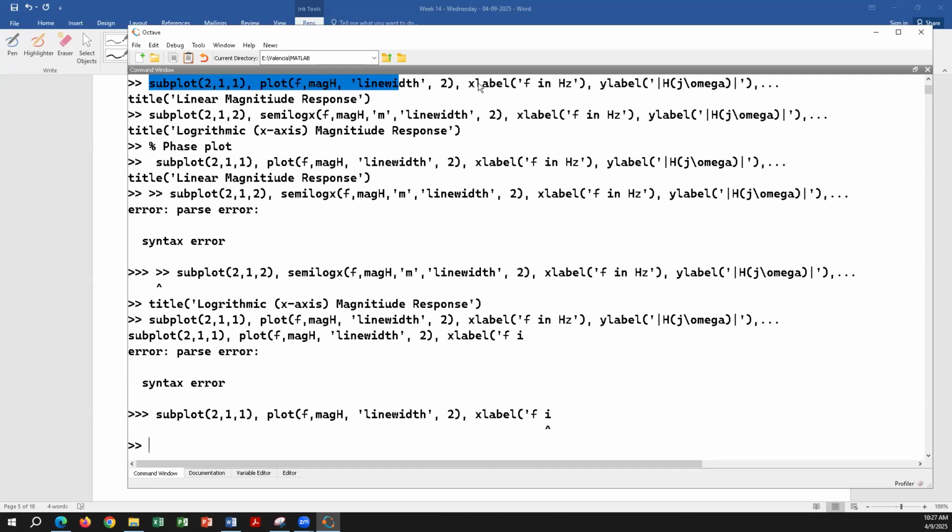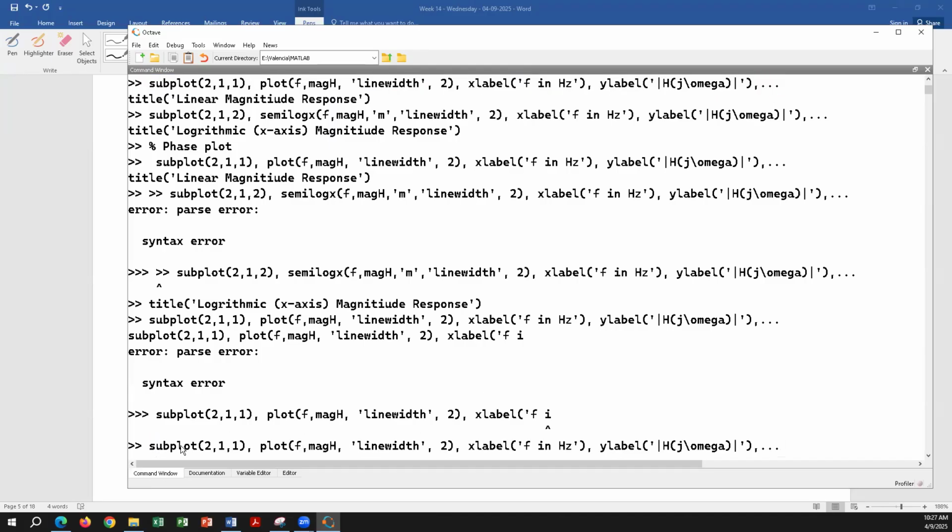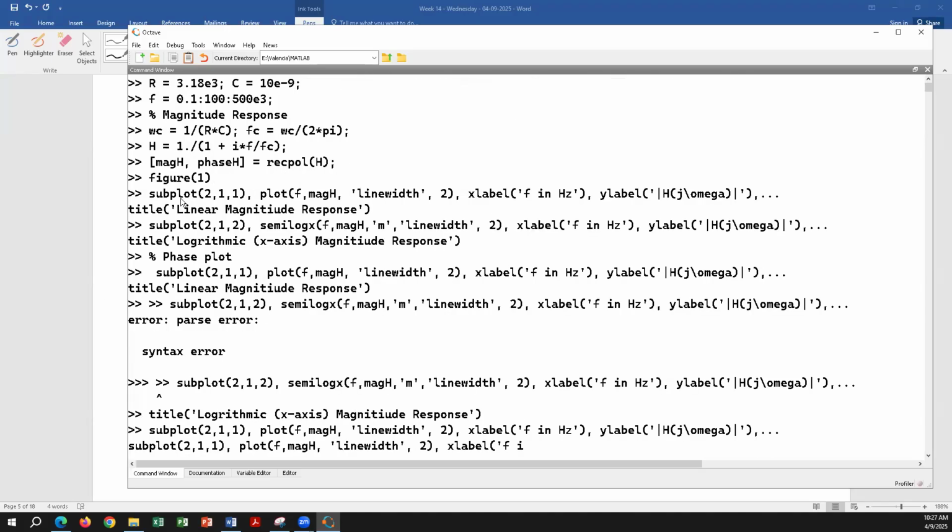So subplot, this. Let me copy just this line. I don't want to rewrite it. And then let me do angle, F in hertz, and then plot phase of H, right? That's where we put the magnitude.